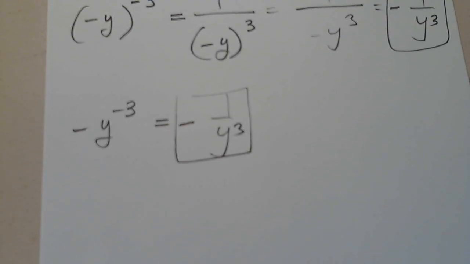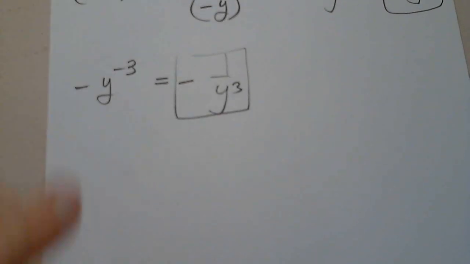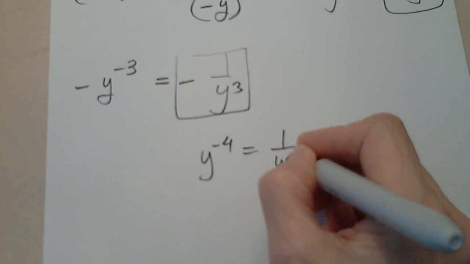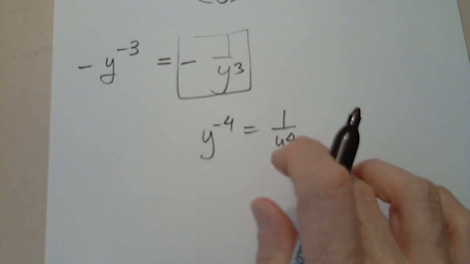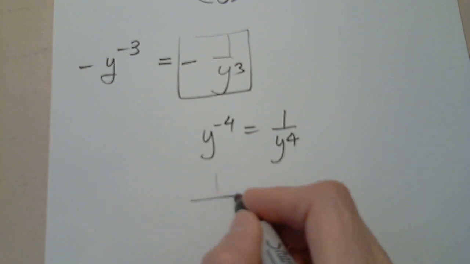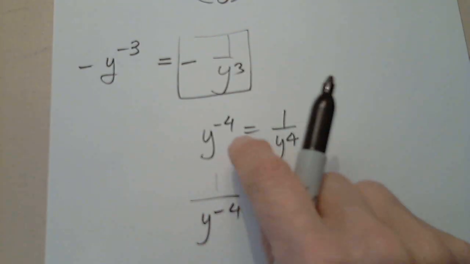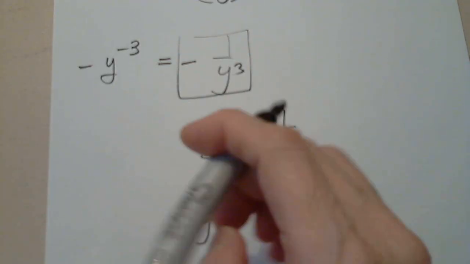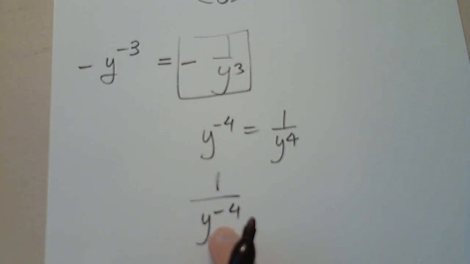Good. So let's recap for a second. y to negative 4 is 1 over y to the 4th. But if I have 1 over y to negative 4, so y to negative 4 is in the denominator.